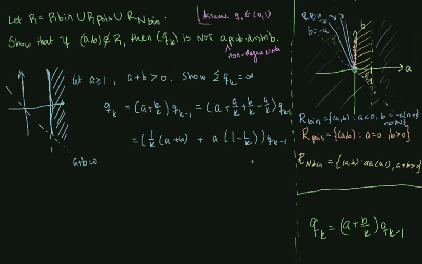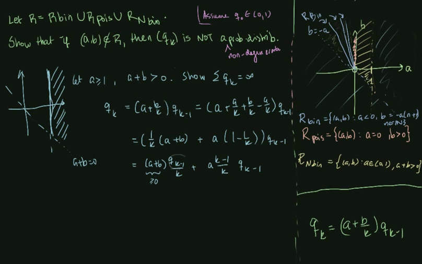I could almost just finish the argument here, but we can also do it a bit more formally. So let's see what we have. We have A plus B multiplied by QK minus 1 divided by K plus A multiplied by K minus 1 divided by K multiplied by QK minus 1. And we know that this is greater than or equal to 0.